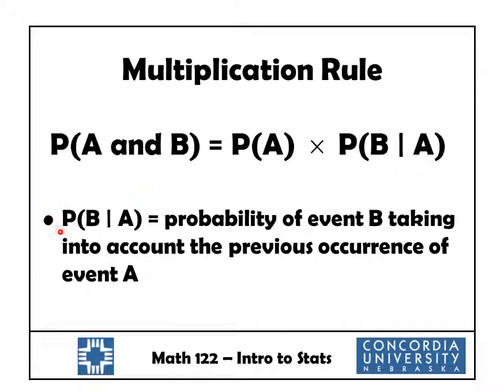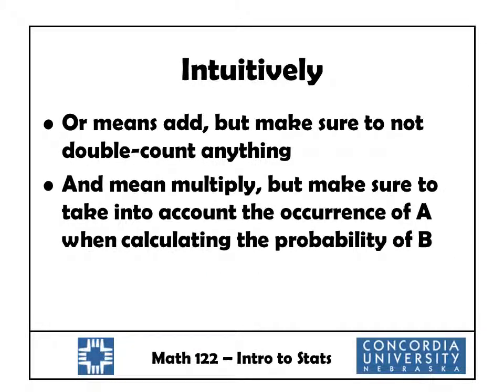And this probability here is what we called a conditional probability, which is the probability of event B taking into account the previous occurrence of event A. So intuitively, what these rules meant is that if we see the word or inside the parentheses, that means we add, but make sure we don't double count anything. If we see the word and, that means we multiply, but make sure to take into account the occurrence of event A when calculating the probability of B.